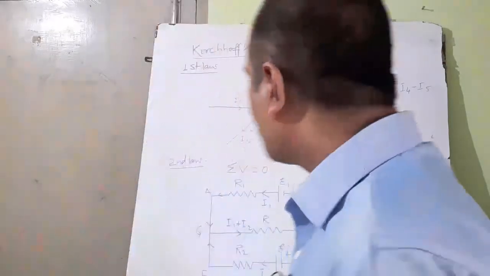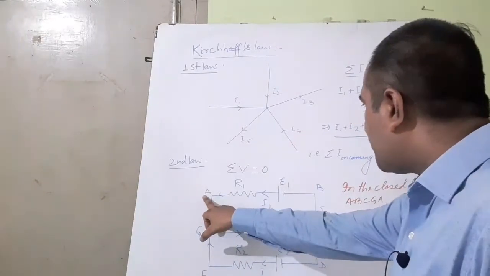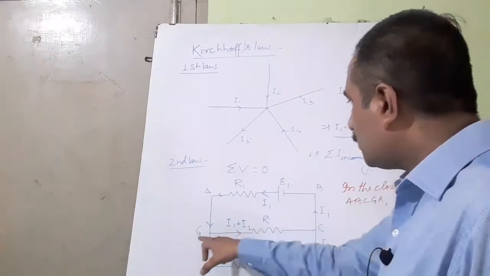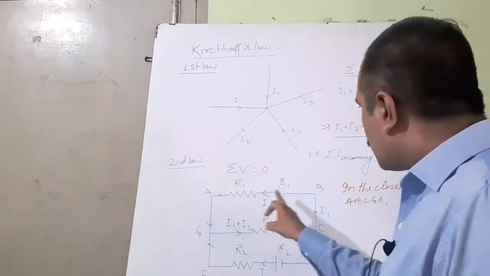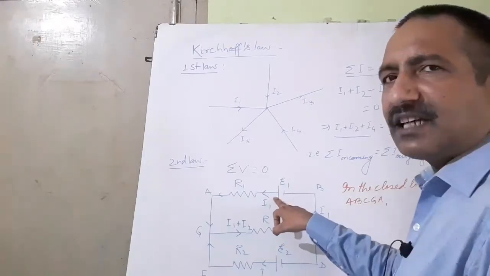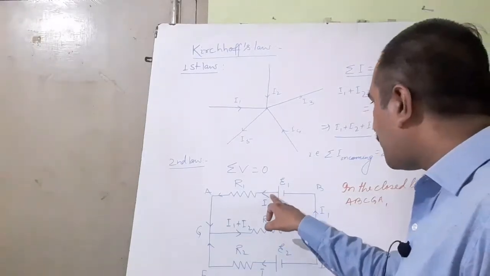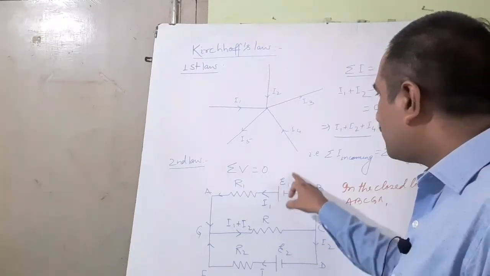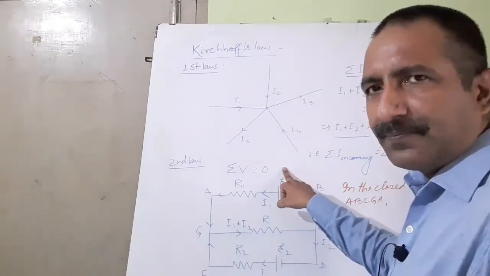You just see, if you take the loop A to B, then B to C, C to G and G to A. So what will you have first? Positive terminal of the cell, means you are going from positive to negative terminal. In that situation, E1 will be taken as positive.